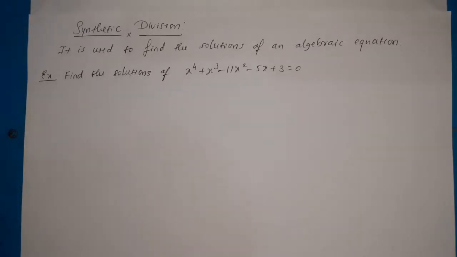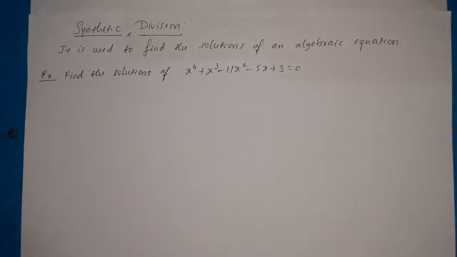So first we are going to use the trial and error method to find the first root of the equation. So let us substitute the values for x: 0, 1, 2, plus 1, minus 1, minus 2 and so on. For which value the equation will be satisfied, that will become the first root.